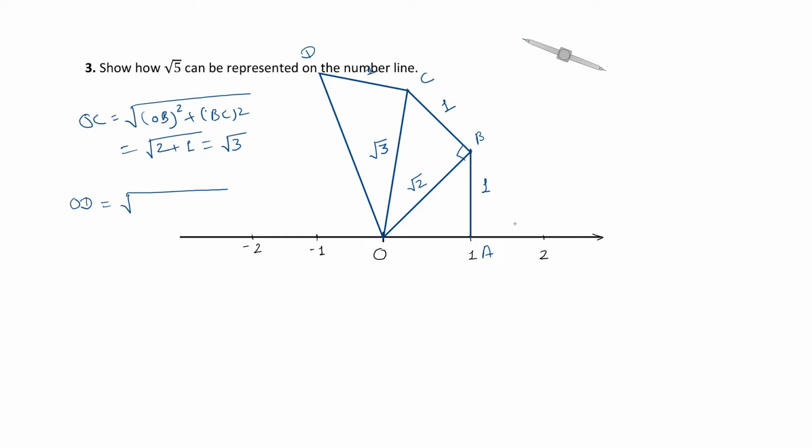OD will be equal to the square root of CD square plus OC square. OC is the square root of 3, and CD is of length 1. The square of 1 is 1, and the square of square root 3 is 3. So we will get the square root of 4, where the length of OD is equal to the square root of 4.